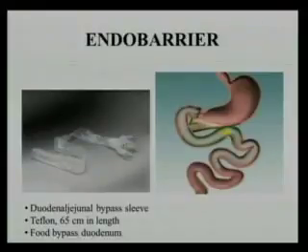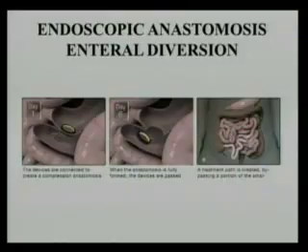It tries to bypass the first part of the small intestine into the jejunum. So when the patient eats, the food is supposed to pass all the way to the jejunum without getting any absorption in the small intestine. That's where the idea is at, and it's in clinical trial at this point.